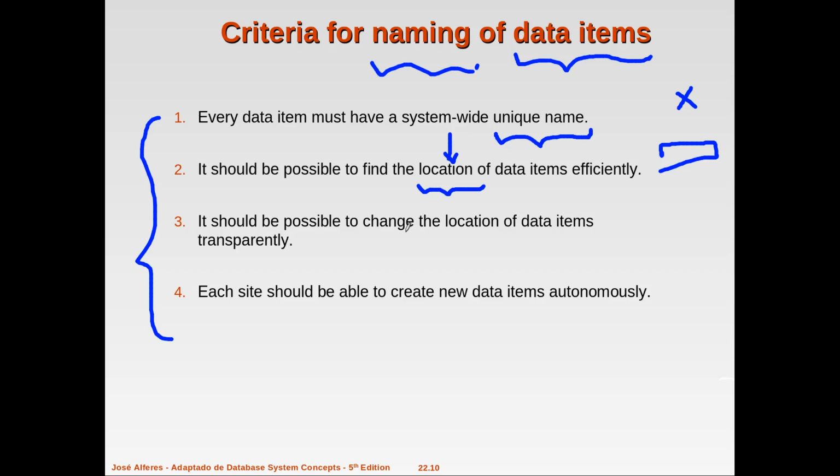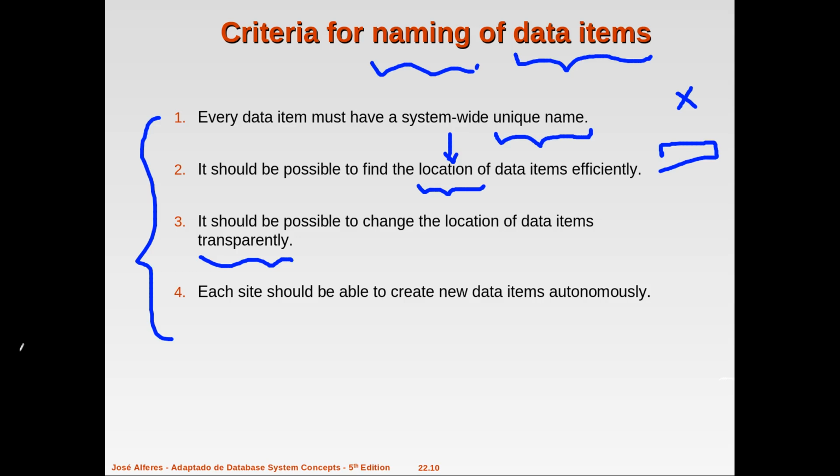It should be possible to change the location of data items transparently. Sometimes if you want to move the data from one location to another location, it must be done transparently, without much information given to the user. So the user can easily move the data item from one location to another without knowing any internal details.